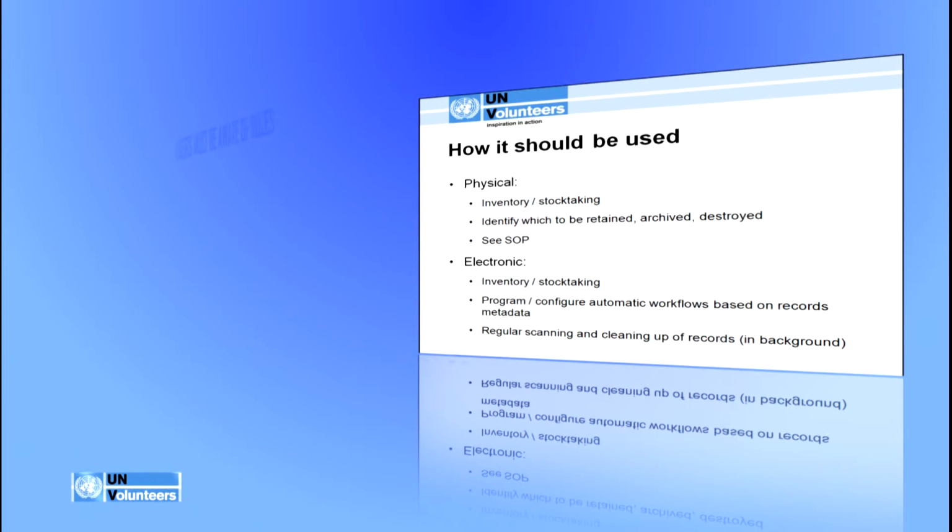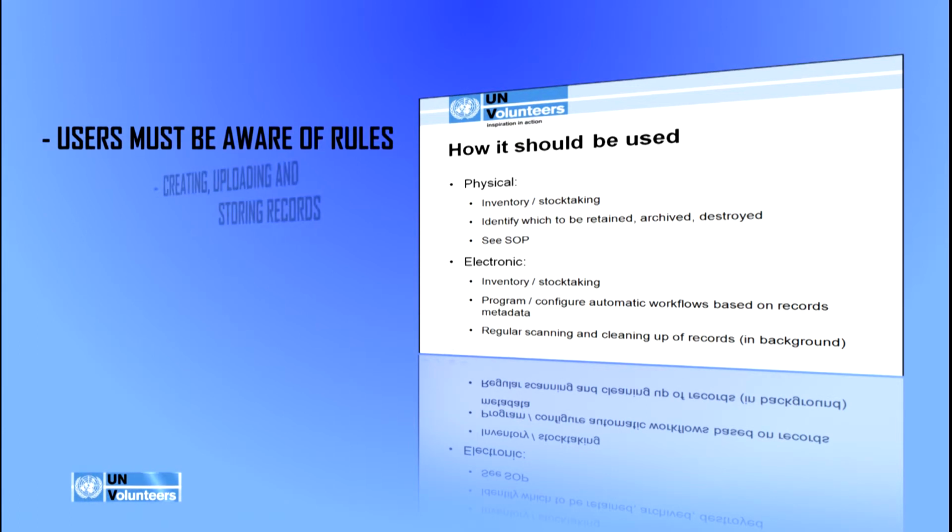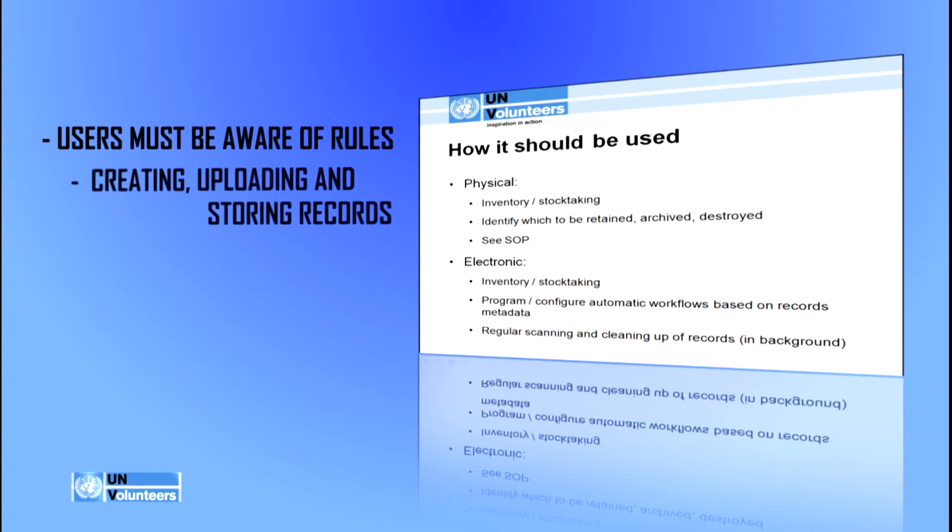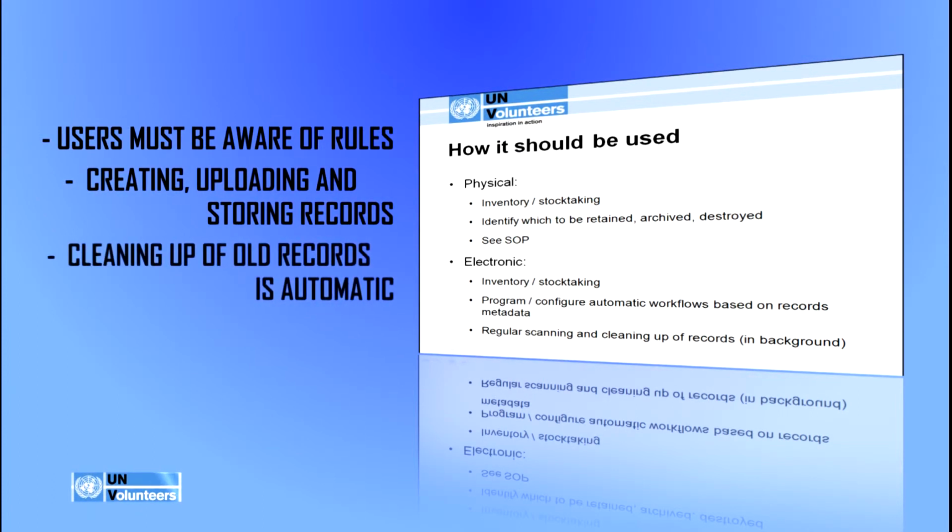For new records, the user must be aware of the application of these retention and disposition rules on creating, uploading, and storing records, and that the cleaning up of old records shall be an automatic background process.